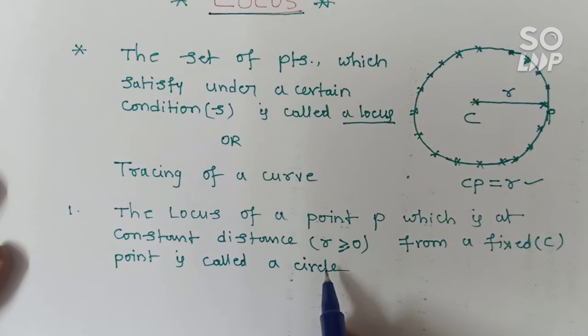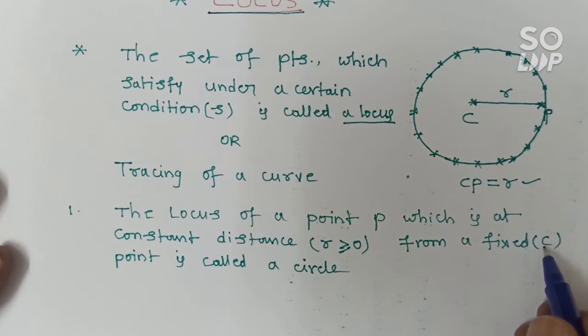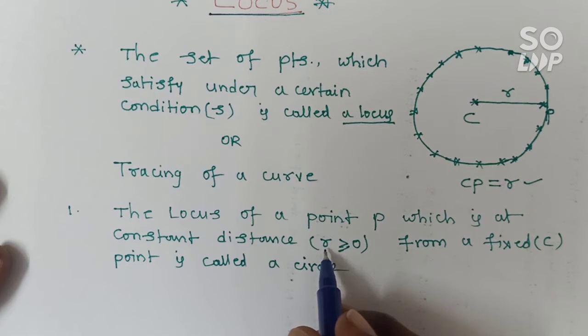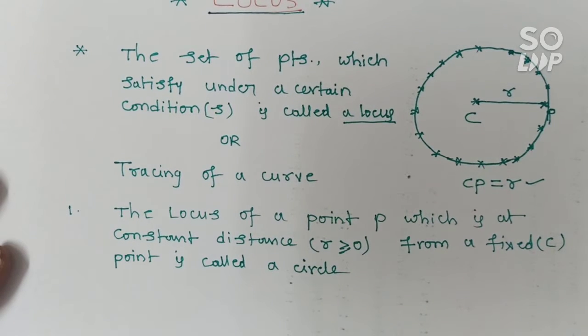The locus is nothing but a circle, where this fixed point is called the center and the constant distance is called the radius of the circle. So you take one example. What is that example? Here you write this.